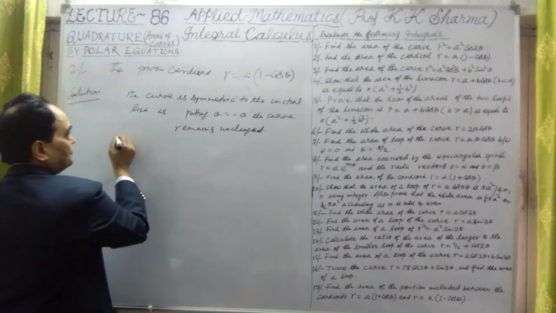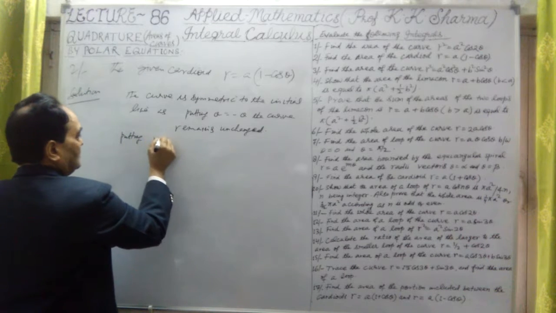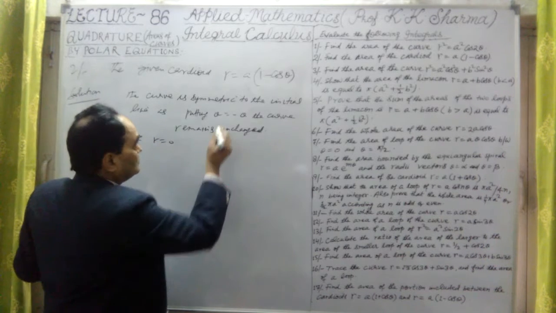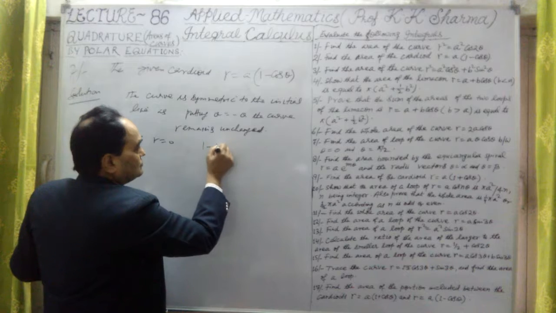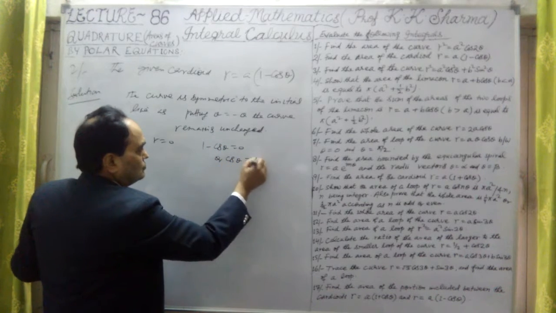Let me find out some points. Putting r equal to 0, that means 1 minus cos theta equal to 0, or cos theta is equal to 1.